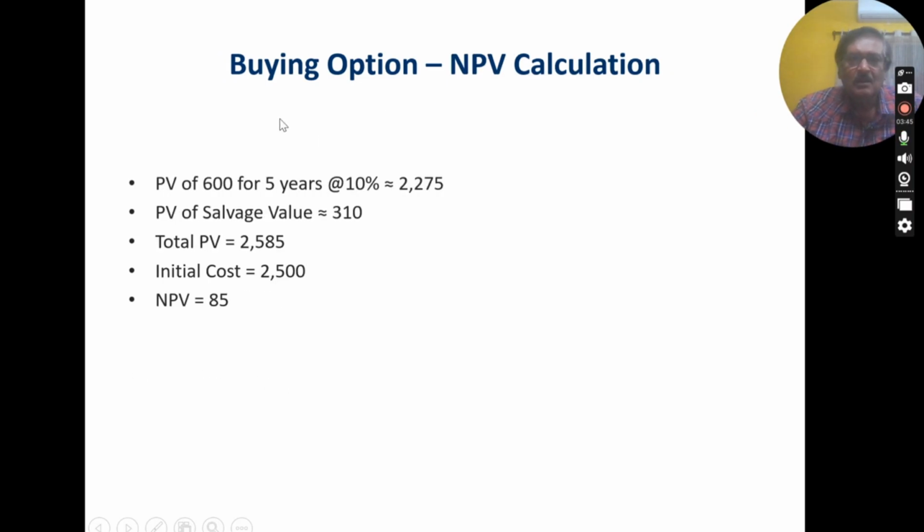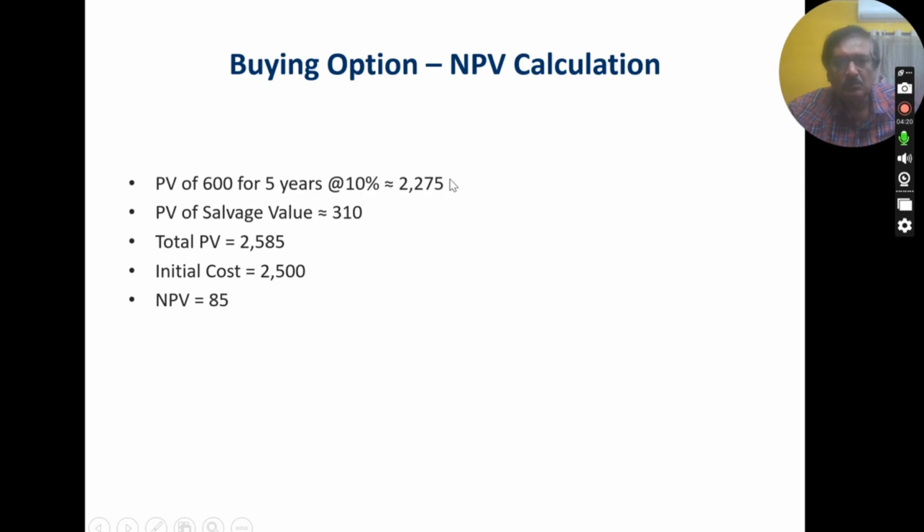Next. Now, buying option NPV calculation. Present value of rupees 600 for 5 years at the rate of 10% discount rate will be approximately rupees 2,275. I will show the calculation in detail also through Excel sheet. You can check it also. The present value of salvage value, that is the last year, the salvage value whose present value is rupees 310.